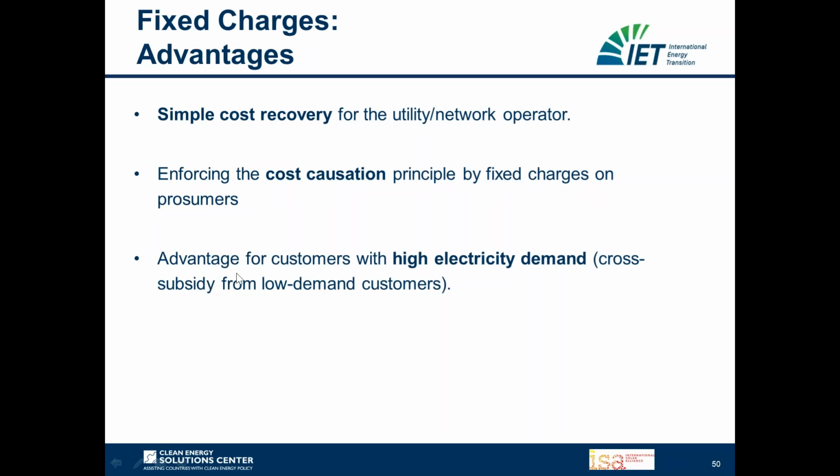And then thirdly, well, most people will probably say that's not really an advantage, is that they actually give an advantage to customers with high electricity demand, because most of the analyses have shown that higher fixed charges actually hit low-income households the hardest, whereas they might actually lead to a reduction of the electricity prices for households with very high electricity demand.